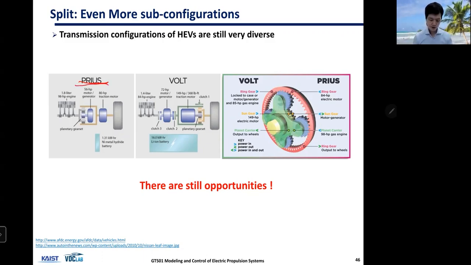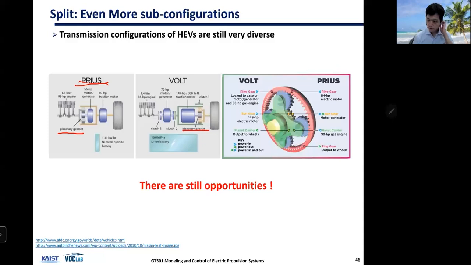But the point here in this slide is that for split configuration, we can have different configurations. For instance, both Prius and Volt use a single planetary gear set, but they have different connections between the PG and the components.